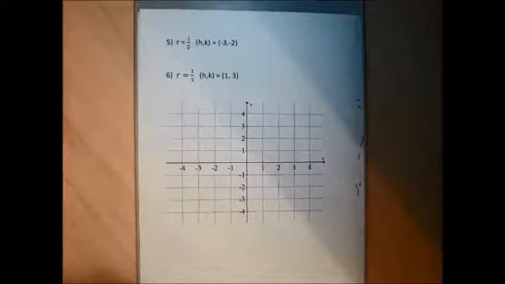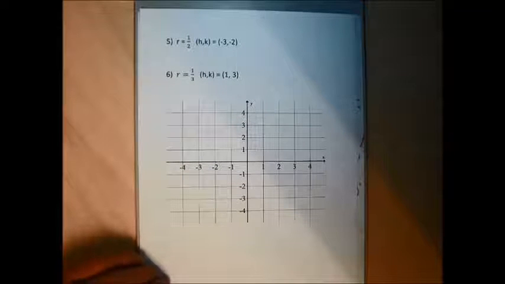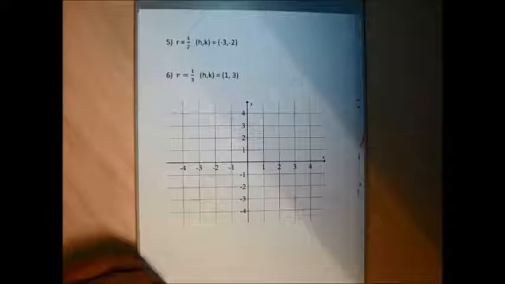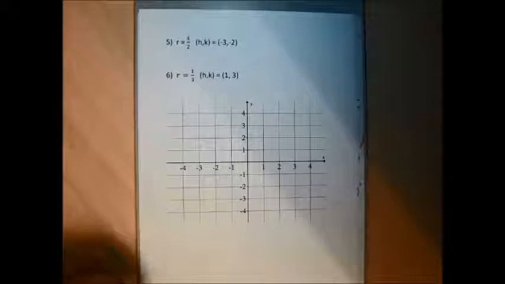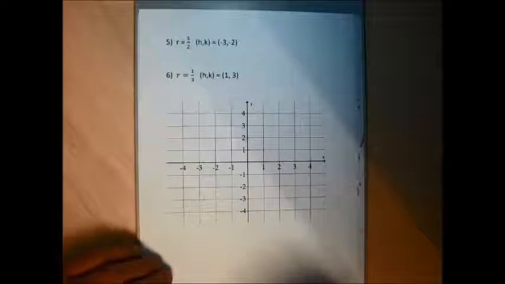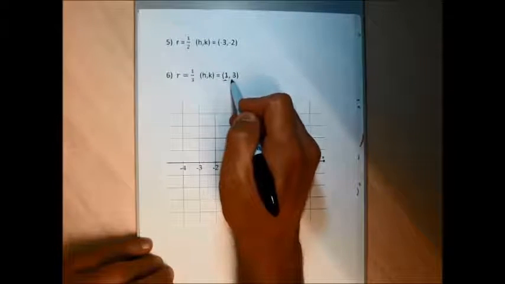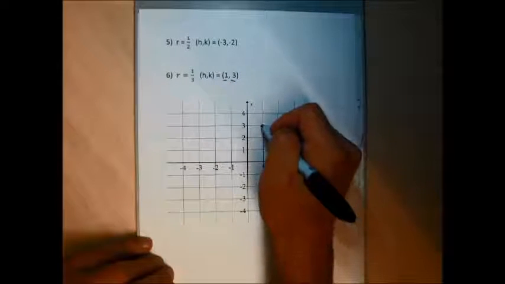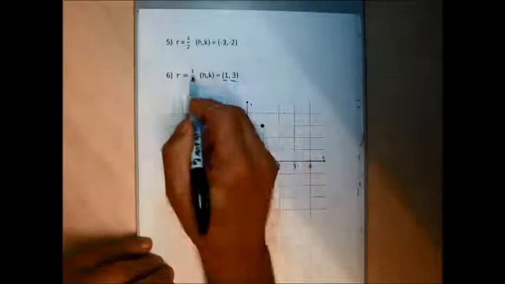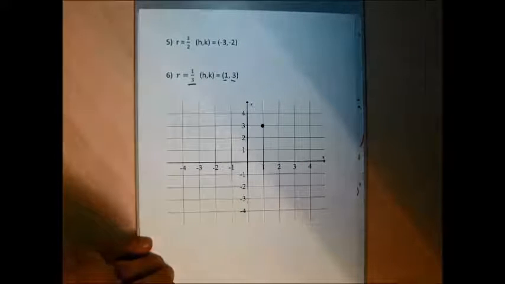All right, so it's a little bit trickier to do problem 6. I'm going to graph it and then find the standard form. So I'm going to plot the center, which is x equal to 1, y equal to 3, and then go up a third, down a third, right a third, left a third.